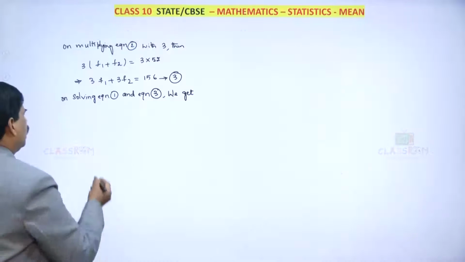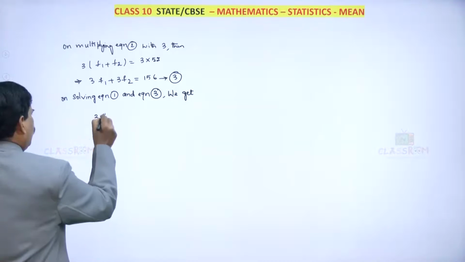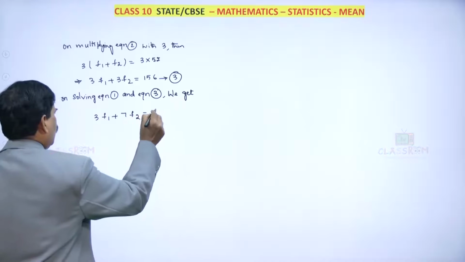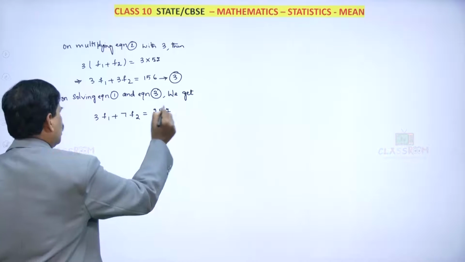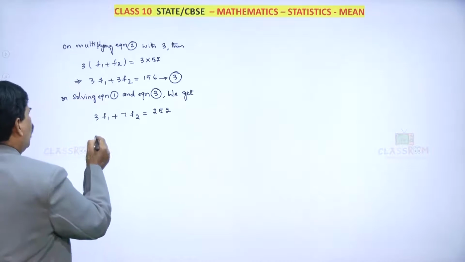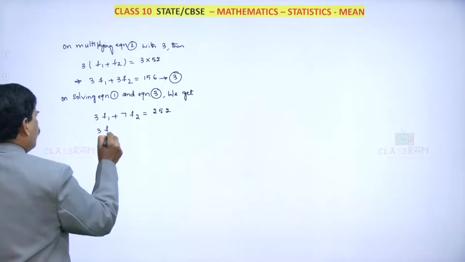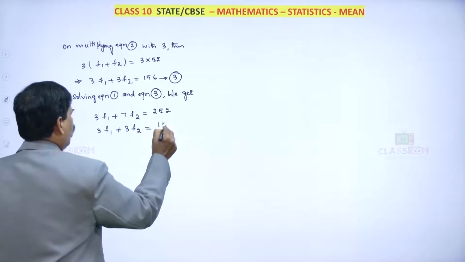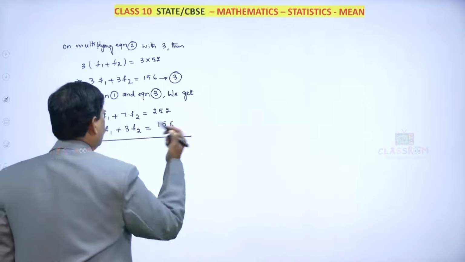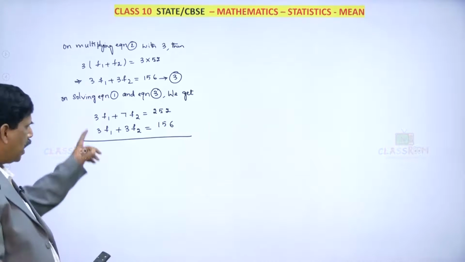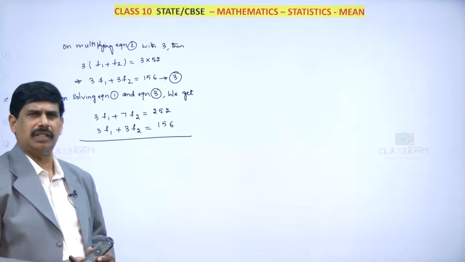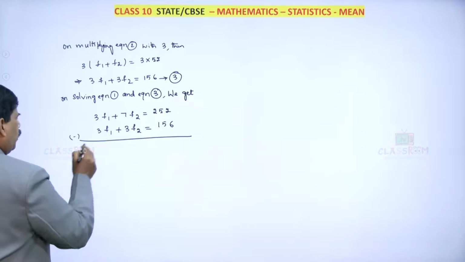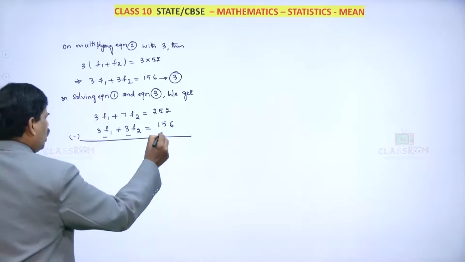We'll note it. 3f1 plus 7f2, that is equal to 252. That is your equation 1. Now we got it here, 3f1 plus 3f2, this is equal to 156. So now both of them are of same sign and with equal coefficients. Go with subtraction, children.